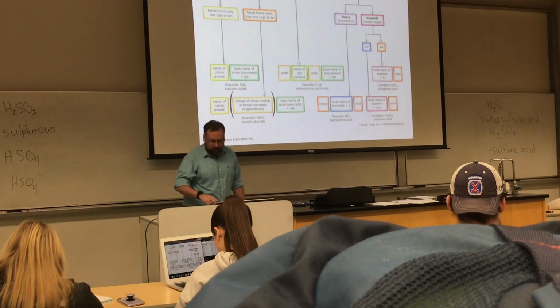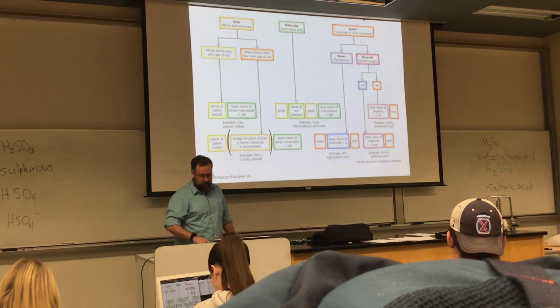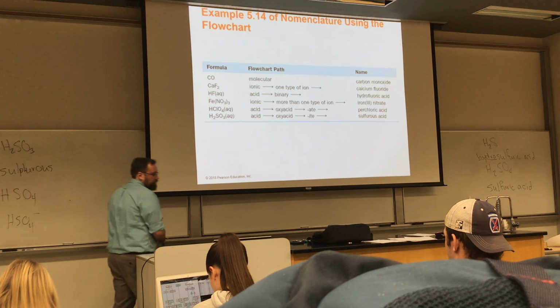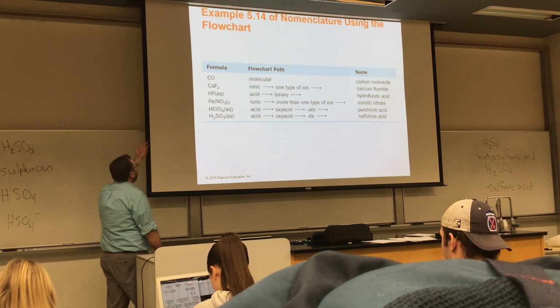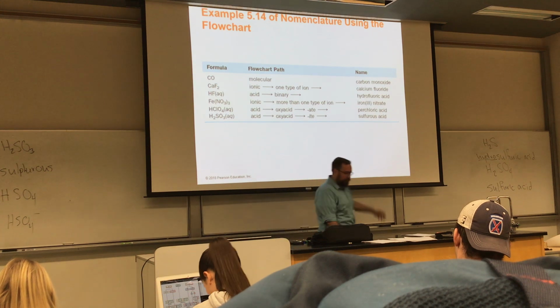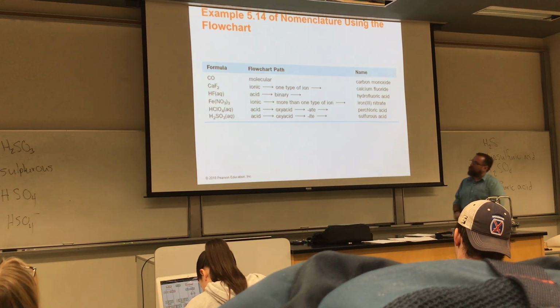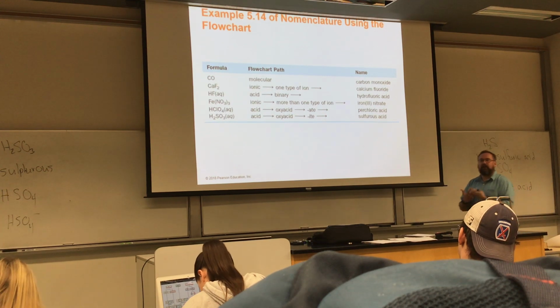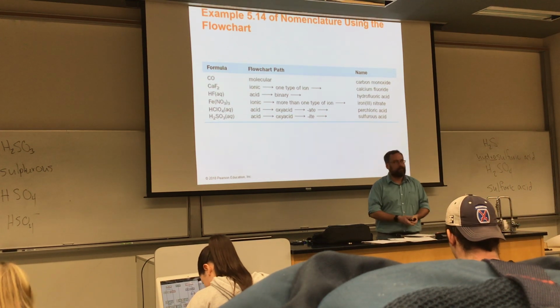And then for naming acids, we just... So, they give us a bunch of examples and then give us the answers on this next slide. CO, we can see carbon monoxide, it's molecular because it's only nonmetals.